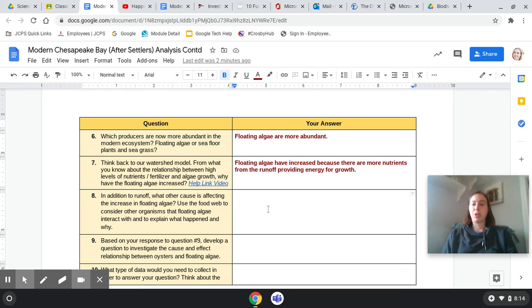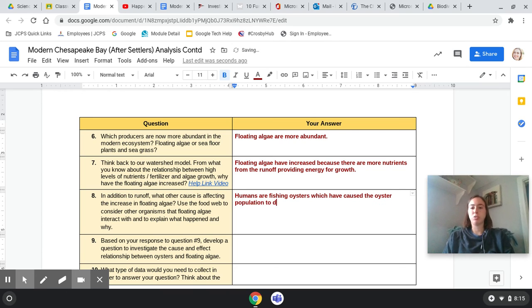So now we'll type in our answer to question 8. Humans are fishing oysters, which have caused the oyster population to decrease.